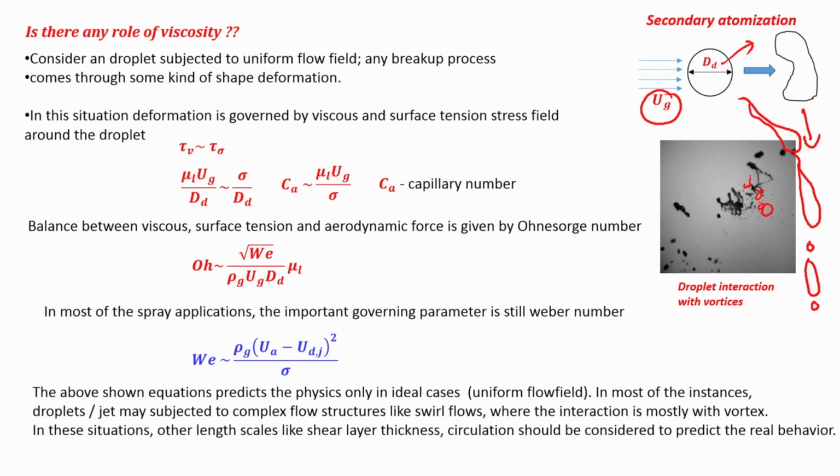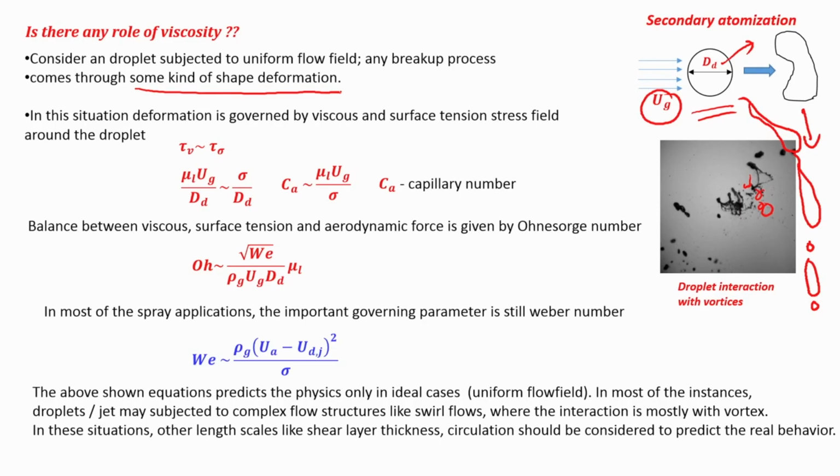So, my point of view here is very simple: for this kind of secondary atomization process, because it deals with a droplet, there is a finite time that is required, and that invariably involves some kind of shape deformation. Now, whenever there is a deformation of shape, both the viscosity as well as the surface tension try to restore it back, and viscosity tries to damp out that effect.